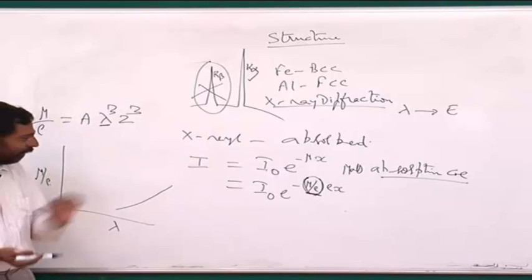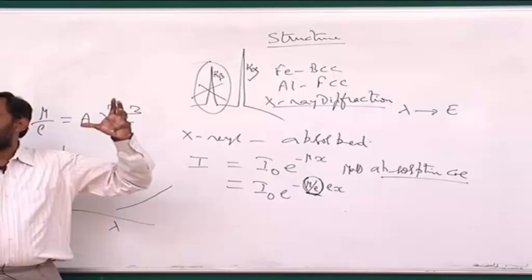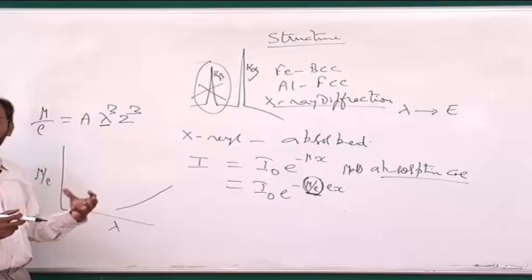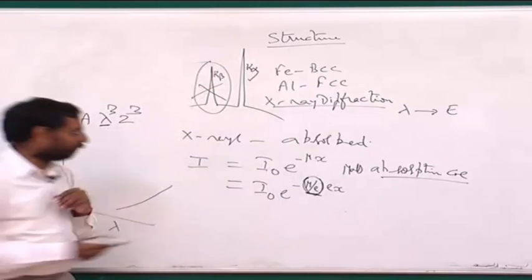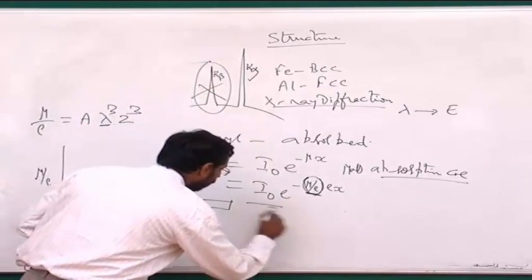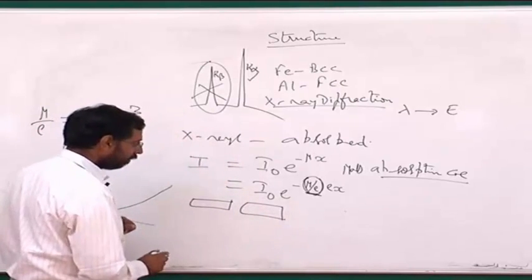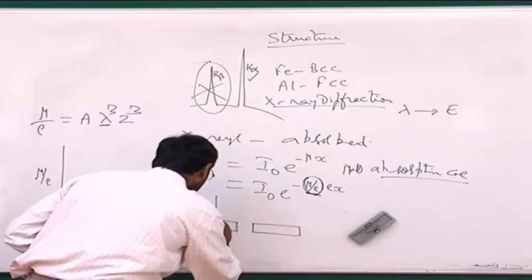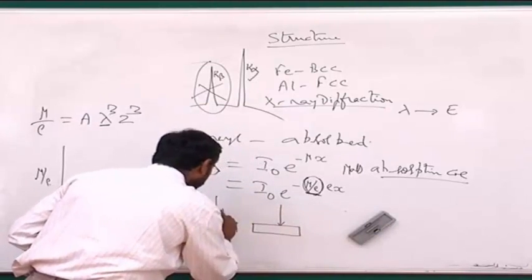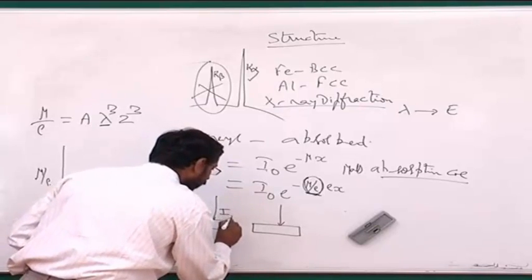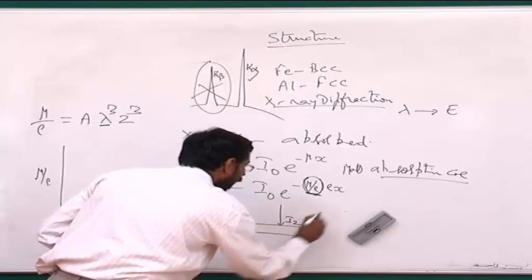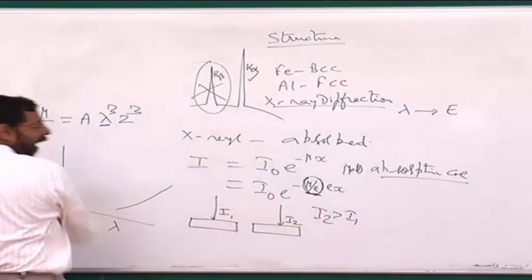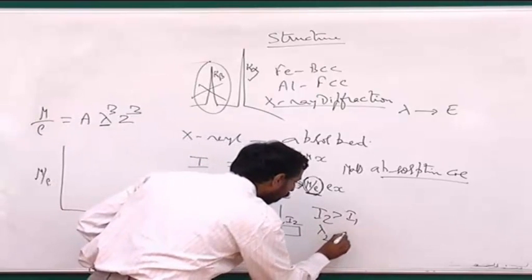What does that mean? If I decrease the lambda, the energy of the X-ray is very high. As the energy of the X-ray is very high, it does not get absorbed, it comes out. So for example, if I have a sample of the same thickness, and I send two beams, one with a certain energy E1, another with E2, where E2 is larger than E1, that means lambda 2 is smaller than lambda 1.